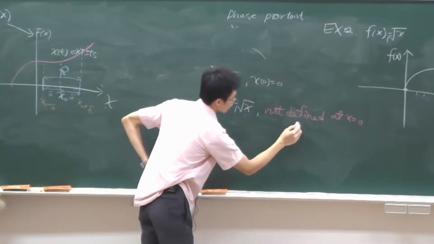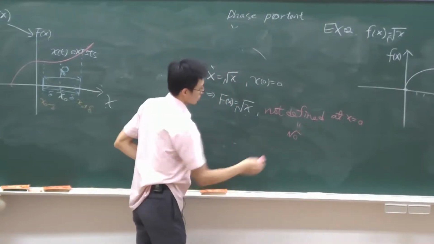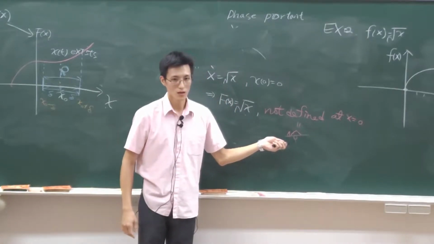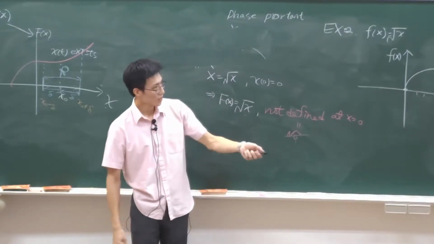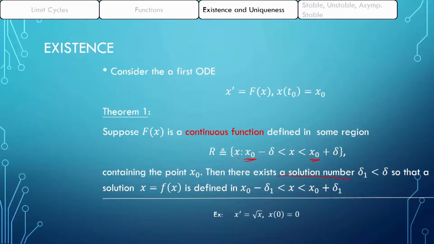Square root of 0 is not defined. Can you take the square root of zero? No. So if your initial condition is 0 and this is your dynamics, there's no solution. But if your initial condition is maybe 1, not at 0, maybe you get a solution because it's continuous. It's not continuous only at 0, and continuous otherwise. So this is for existence.